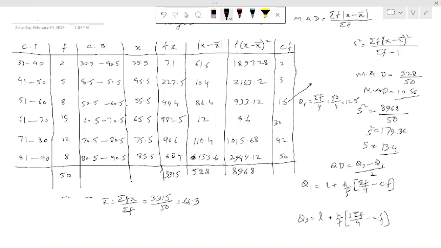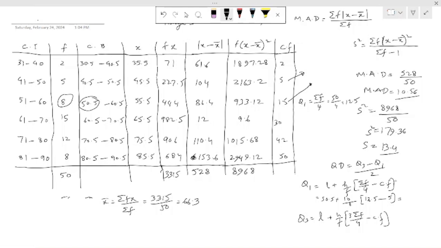So everything we take from this group, its lower class boundary is 50.5. So we substitute here 50.5. The class width is 10. The frequency of this group is 8. Then summation F by 4 is 12.5. And the cumulative frequency preceding to this group is 5. So we substitute everything over here. 12.5 take away 5 gives us 7.